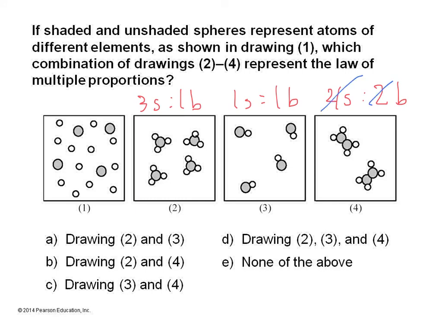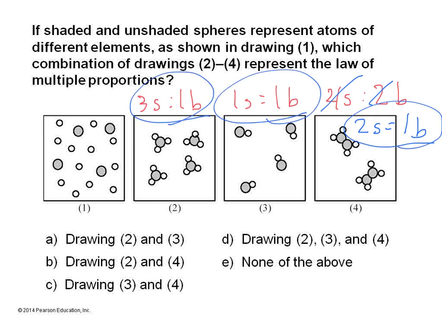So I should really say 2 small to 1 big. All of these boxes contain different ratios. Since they all contain different ratios, they're all different compounds. Therefore, they're all representing the law of multiple proportions. See, chemistry is easy, life is hard.